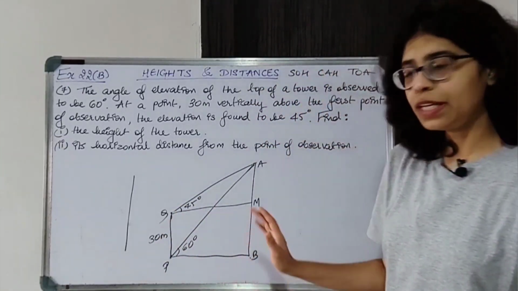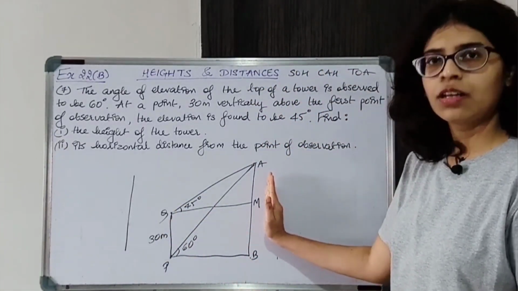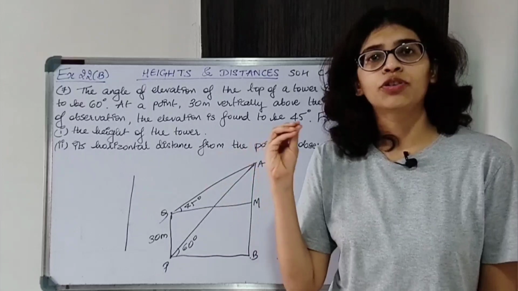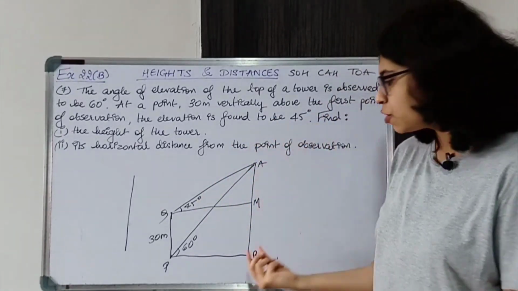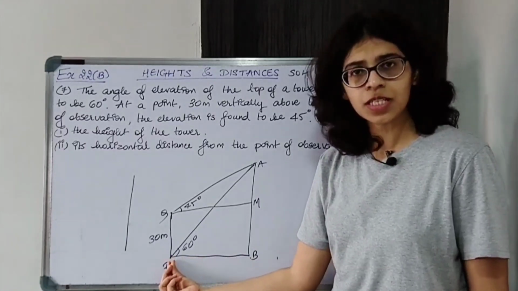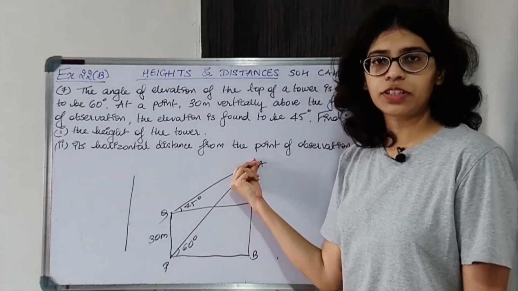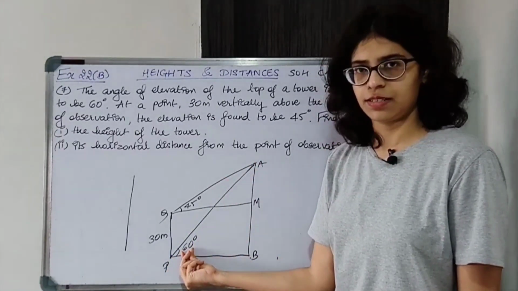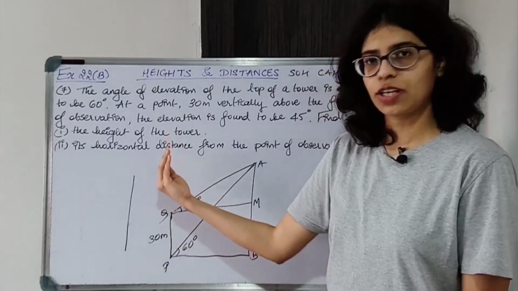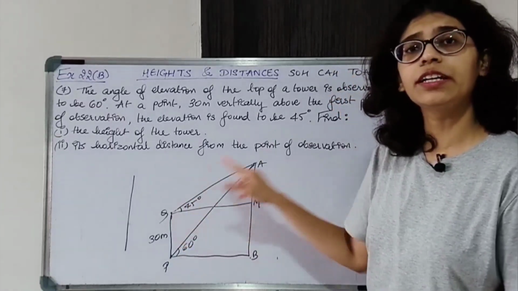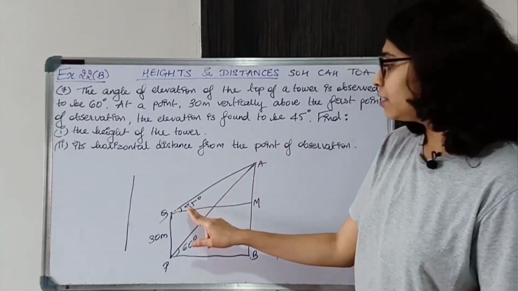I'll repeat: there is a tower AB, and from some point you are observing the top of the tower. Where is this point? It is not given. So we assume that from the foot of the tower, at some distance, you are observing the top, and the angle of elevation is 60 degrees. You go 30 meters vertically upwards, and from this point you again observe the top of the tower, and it is 45 degrees.